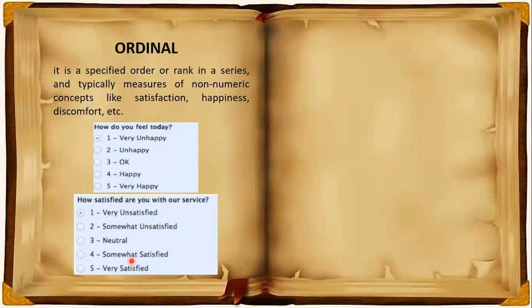So, sa example class, gi-rank nato siya gikan sa pinakagamay hangtod sa pinakadako, which is ang very satisfied. So mao ni ang keyword nga hinumduman class. Kung ordinal, it's more in ranking or series or in order.